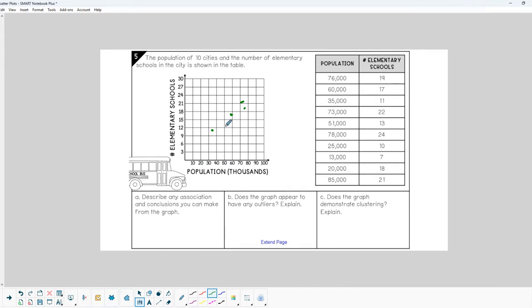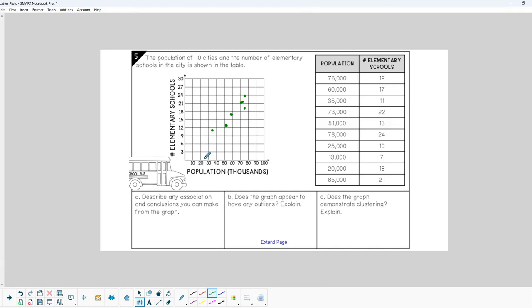So we're just kind of graphing. Now, are we perfectly in place? No, we're just getting as close as we can. We don't have the tools to get too precise here. 78,000, a little under 20,000 up to 24 schools. That's a nice area because they have lots of schools for the kids, right?